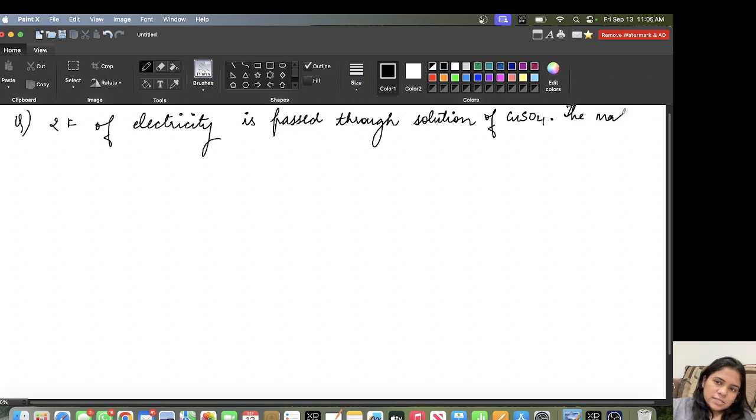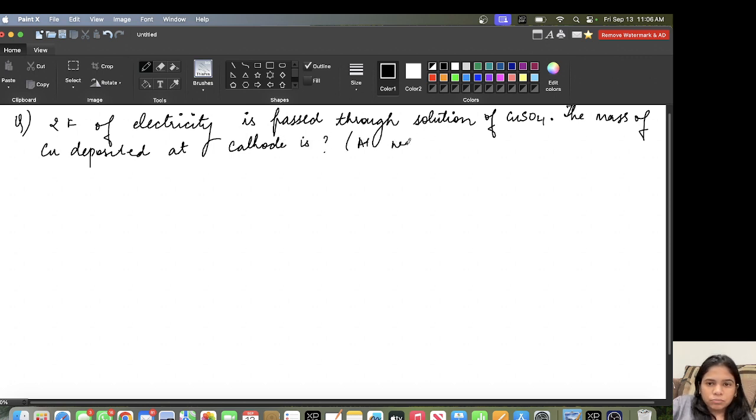Same thing, only it's asking the mass of copper deposited. The mass of copper deposited at cathode is. Atomic weight of copper is 63.5 grams.